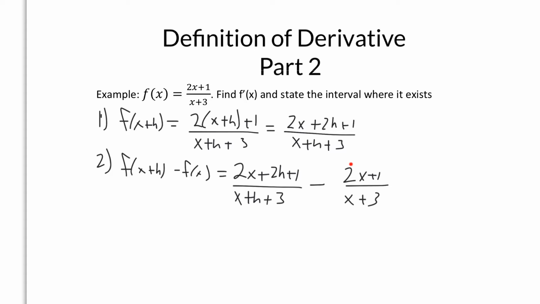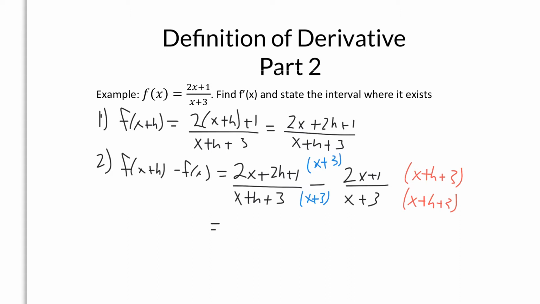In particular, we want to simplify this by combining them. We want to use our classic technique of common denominators to get this as one big fraction. So here we're going to have to multiply by (x+h+3) on the top and bottom. And over here on this guy, we're going to have to multiply by (x+3), and then again, (x+3).